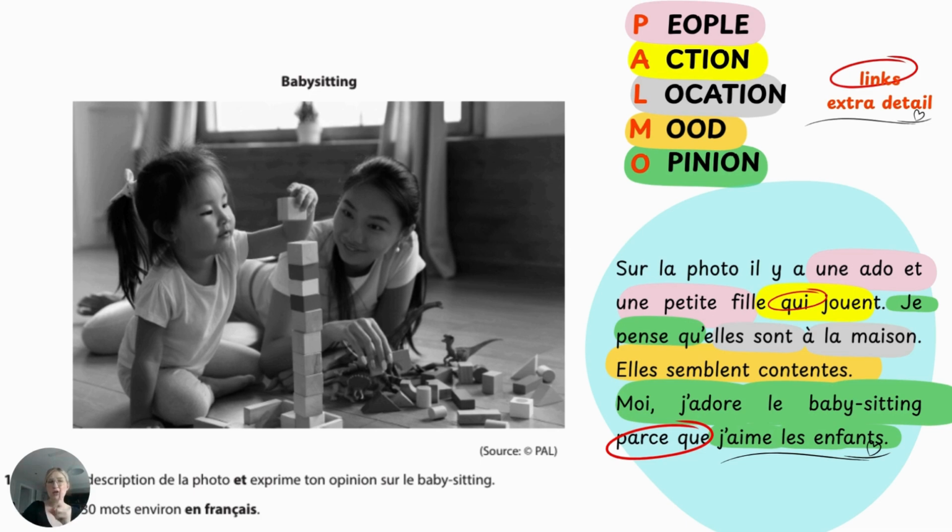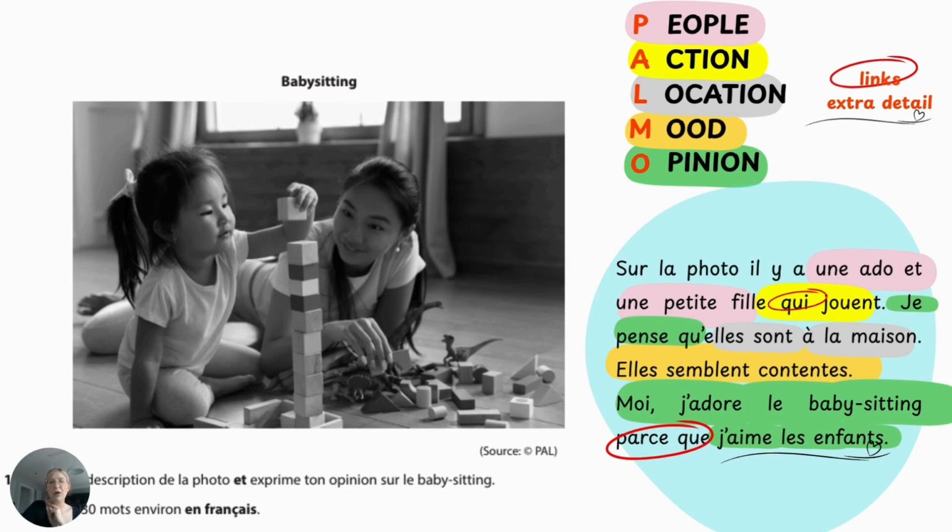I'm sure it would be fine if you just included one, but I just thought to tick the examiner's boxes might be a good idea. Je pense qu'elles sont à la maison. I think that they are at the house. So again, that is part of PALM. It is our location. So far we've looked at people, action, and location. Pink, yellow, and grey. Let's keep going.